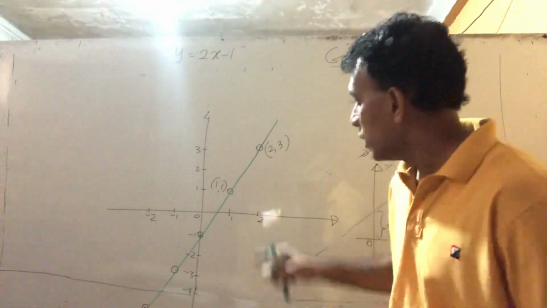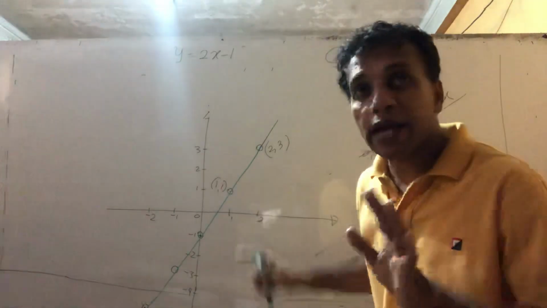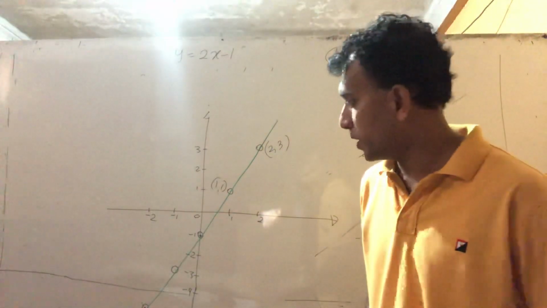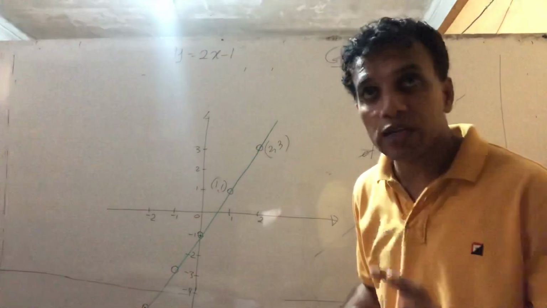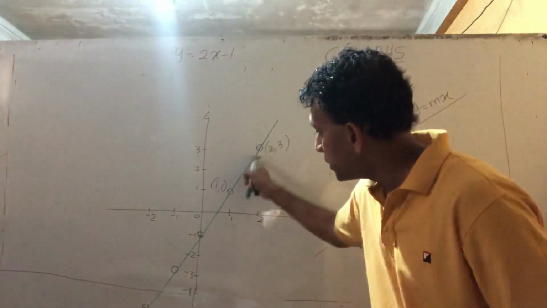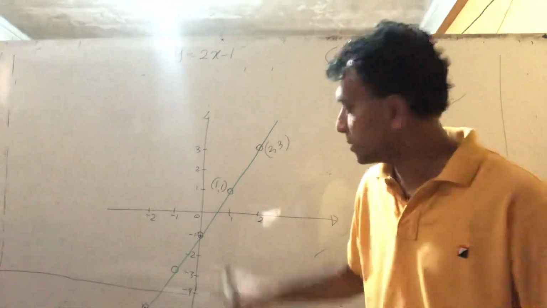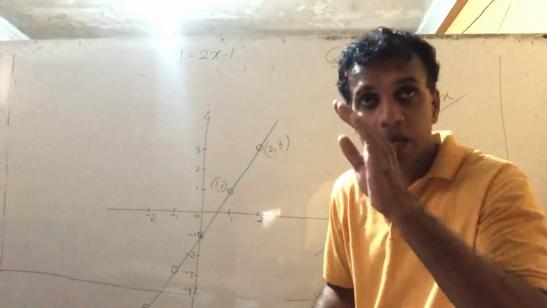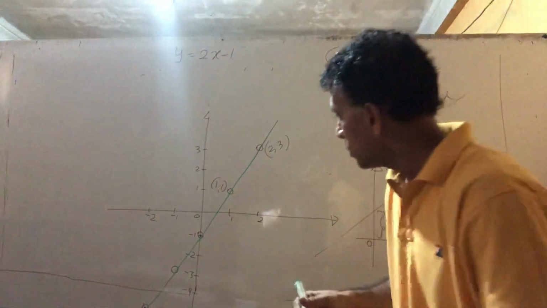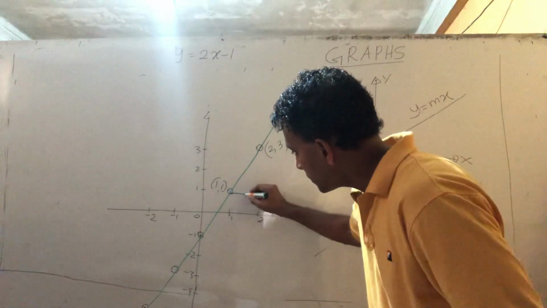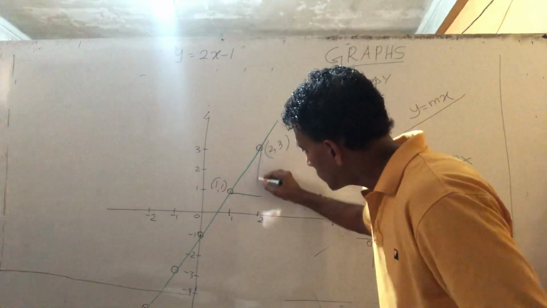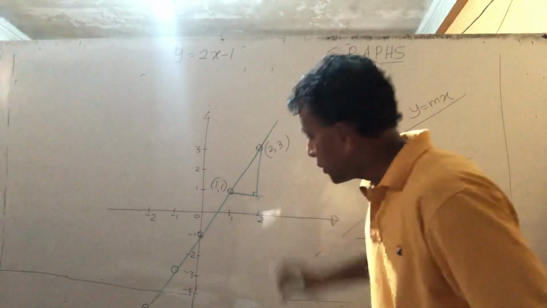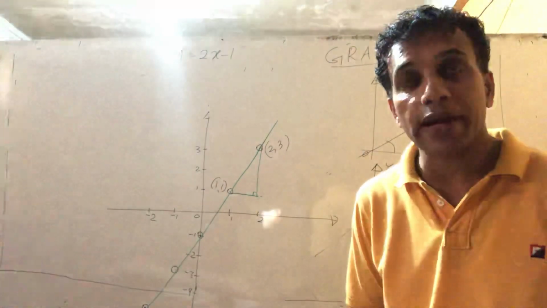Another method. Now I draw a right angle triangle here, keeping the line joining these 2 points as the hypotenuse. Like this, I draw a right angle triangle.